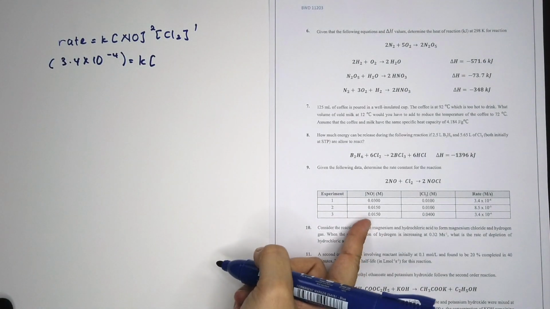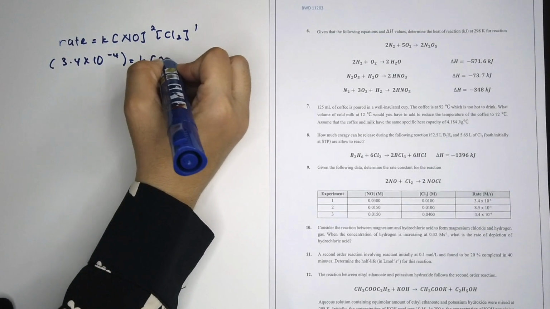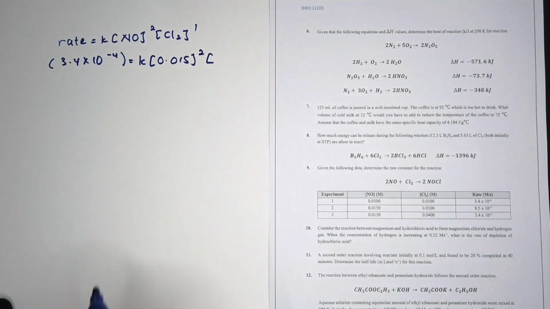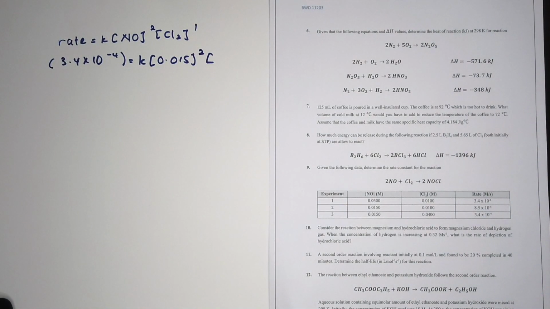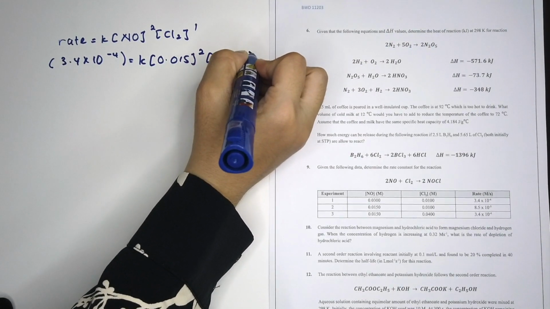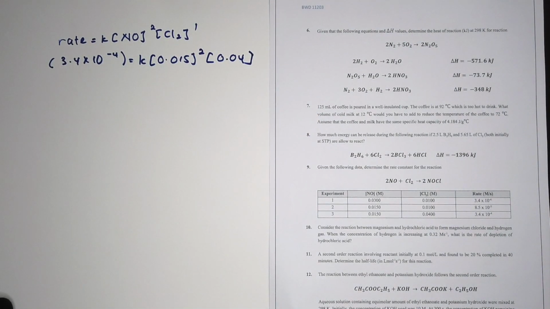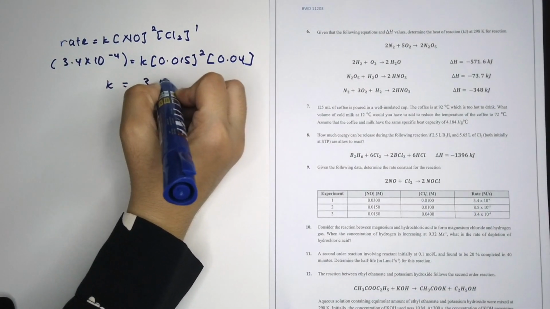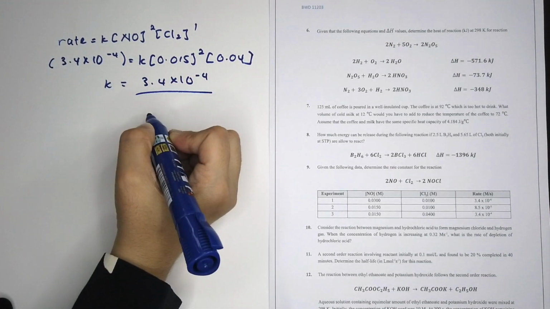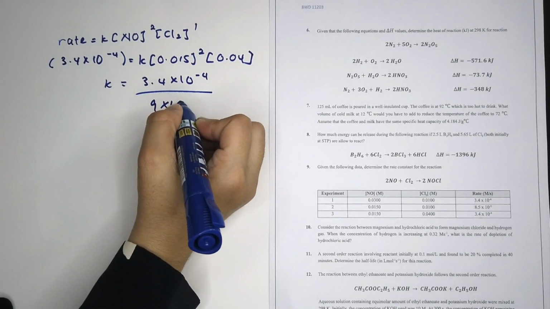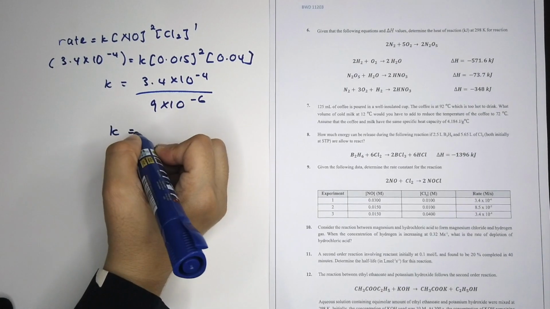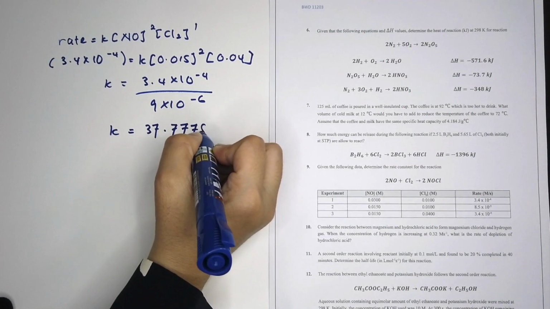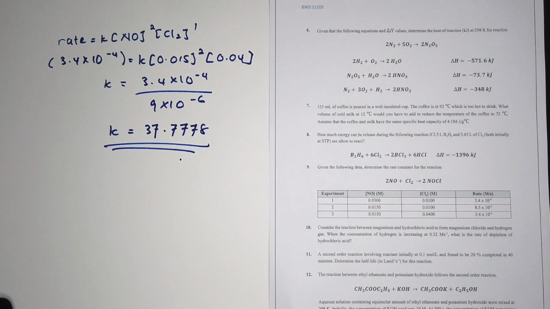The value of NO is 0.015 to the power of 2, and the value for Cl2 is 0.04. From here, k is equivalent to 3.4 times 10 to the power of negative 4 divided by 9 times 10 to the power of negative 6. So k is equivalent to 37.7778. This is the final answer for your 9th question.